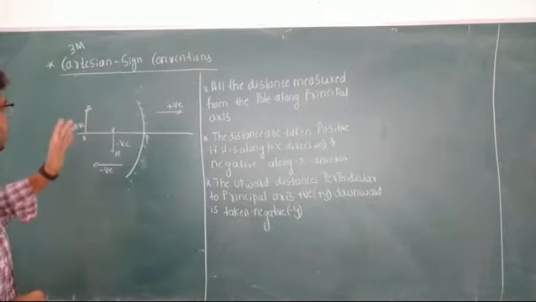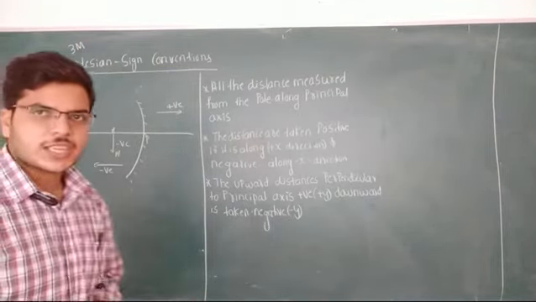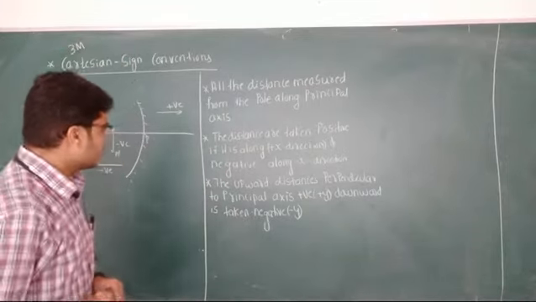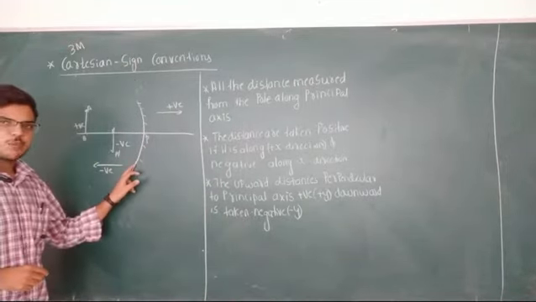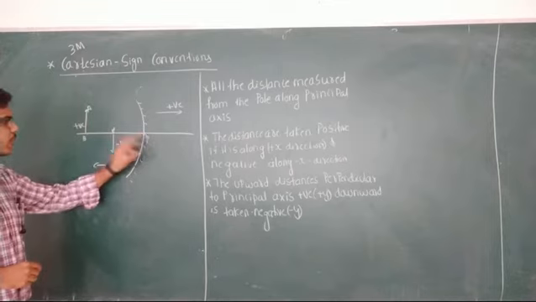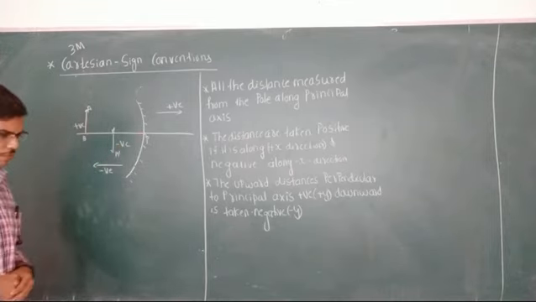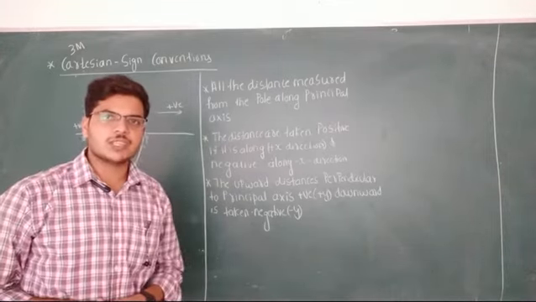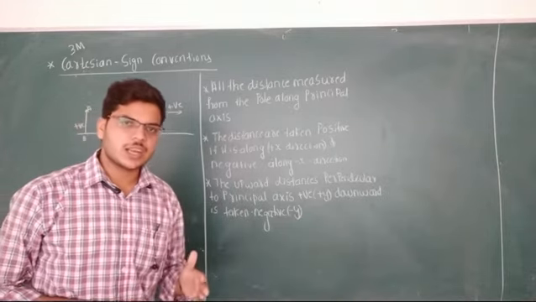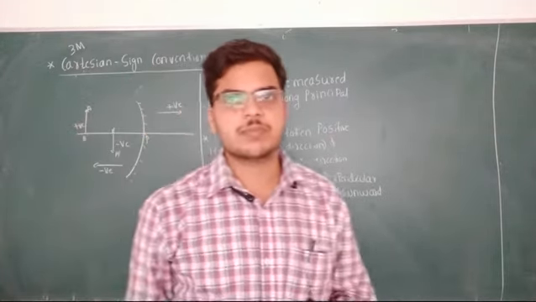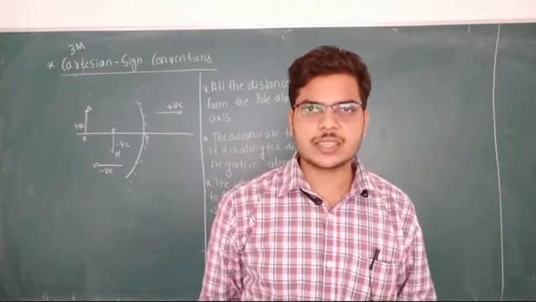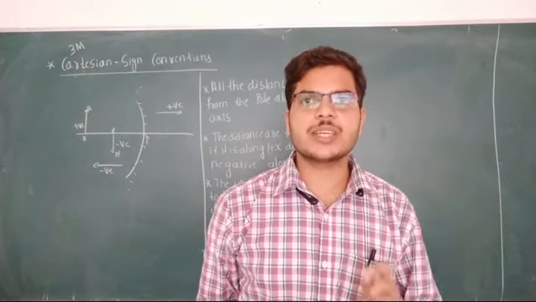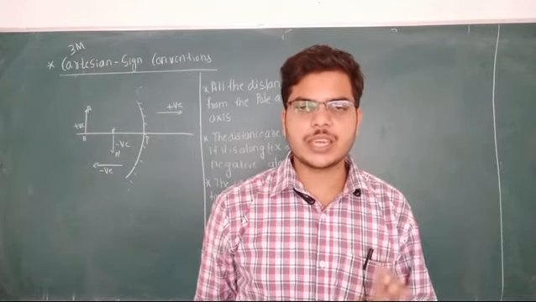Now, the Cartesian sign convention for the spherical mirror. Consider this concave mirror, and let P be the pole of the concave mirror. Cartesian sign convention means we are measuring the distances, and while measuring the distances, we give some particular sign, that is positive sign and negative sign.